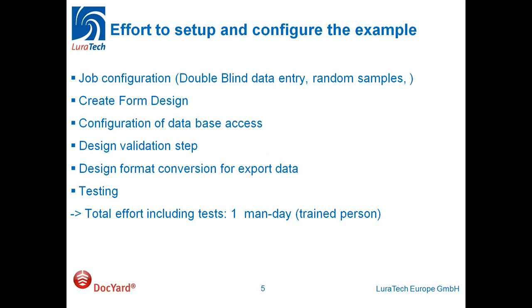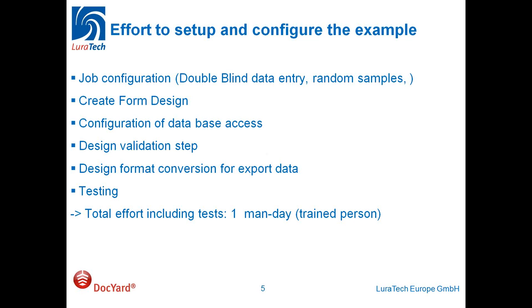Pretty easy. You have to design the validation step, like what goes on the validation step in what cases. And you have to design the format conversion from our internal index data format into some XML, or in this case CSV files that you need to export, setting up the columns and the rows and how it is exported, including whether the PDF should be exported as one multi-page PDF using bookmarks or a series of single-page PDFs, PDF, PDF/A, whatever it is.